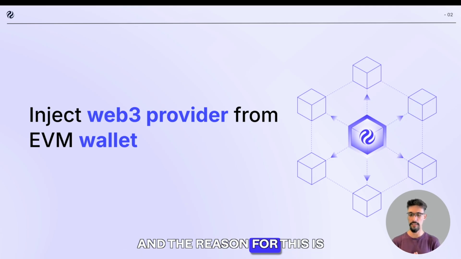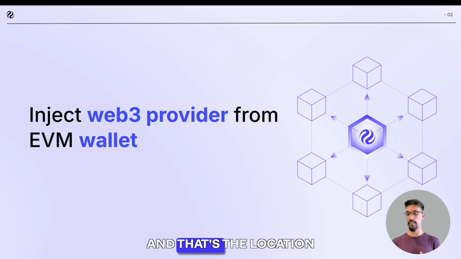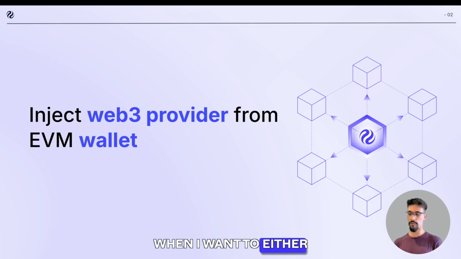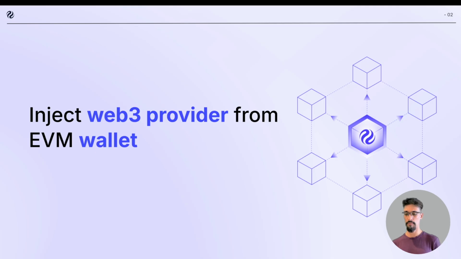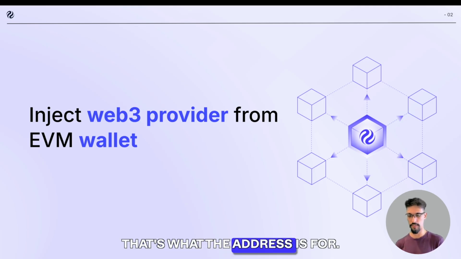The reason for this is because the address is basically a hexadecimal string, and that's a location where our contract lives on chain. So essentially, where do I send this information to when I want to either query or make a state change? When I want to call a function, where do I actually call it? That's what the address is for.